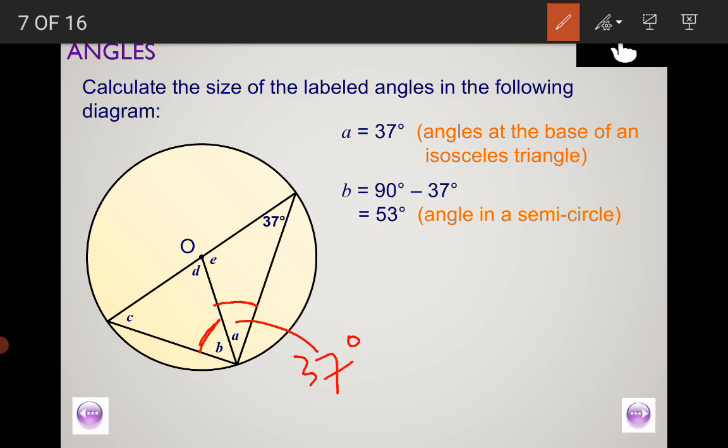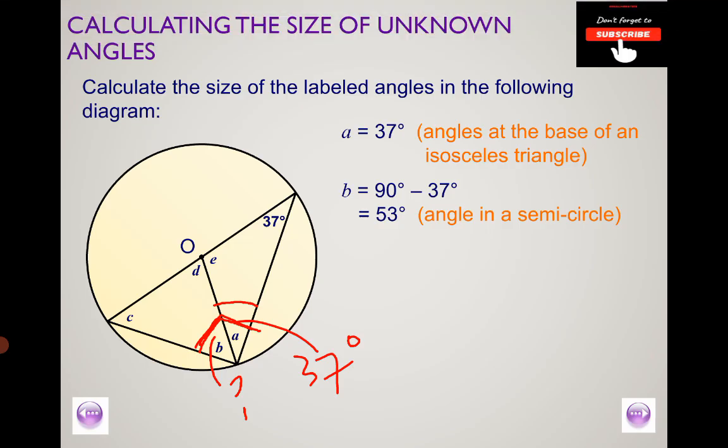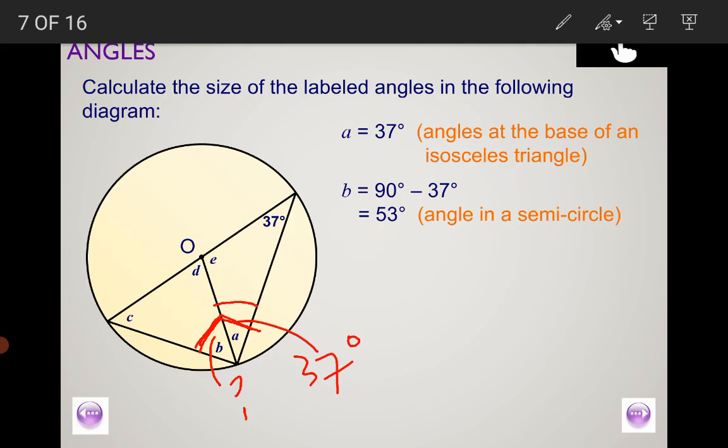But the whole angle here is 90 degrees. So how can we find angle B? Angle B is the whole angle, which is 90 degrees, minus A. But what is A? A is 37. So simply subtract 37 from 90 degrees.